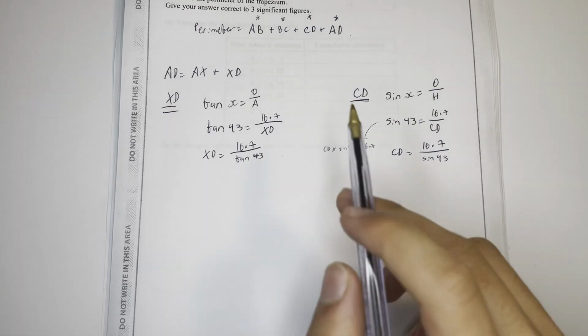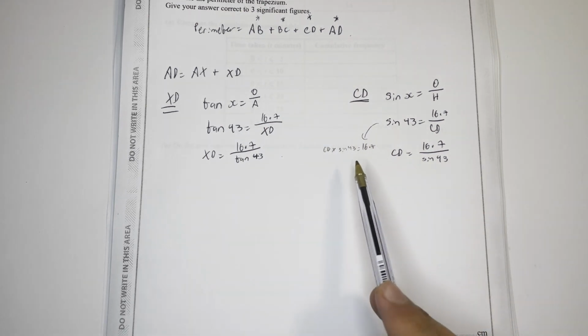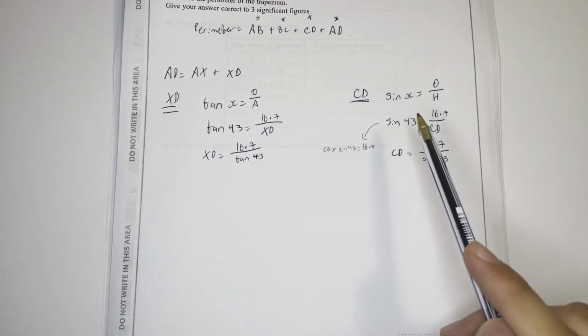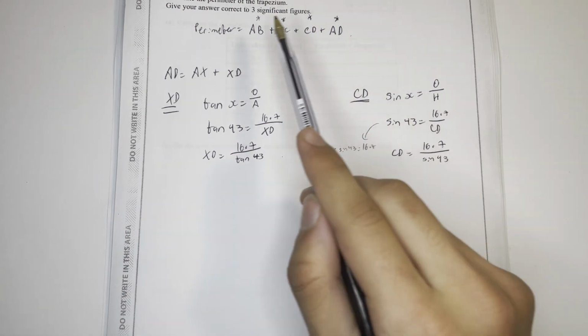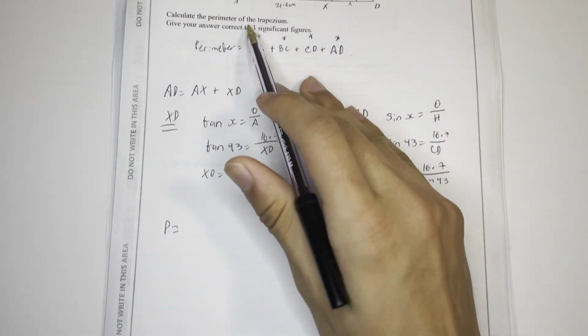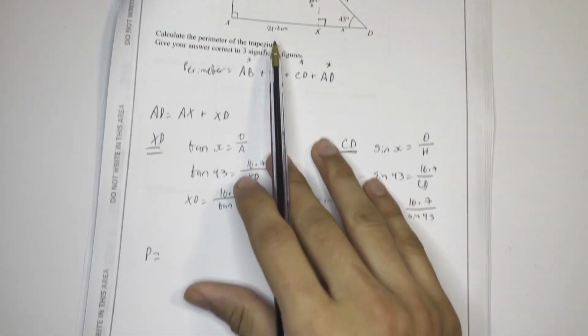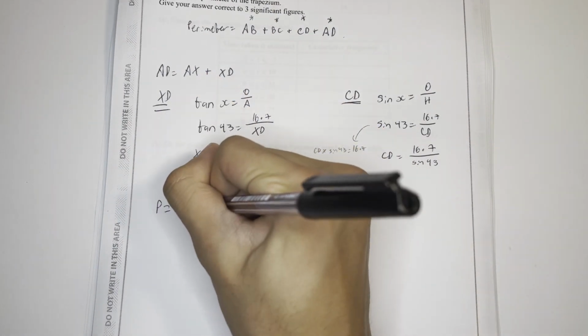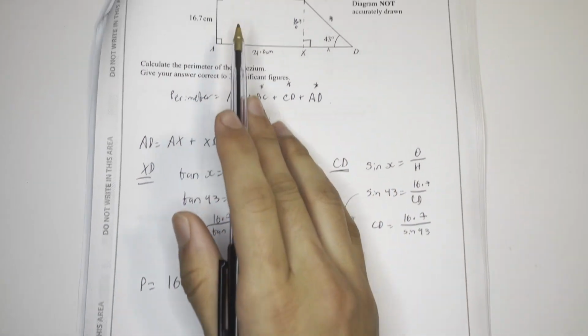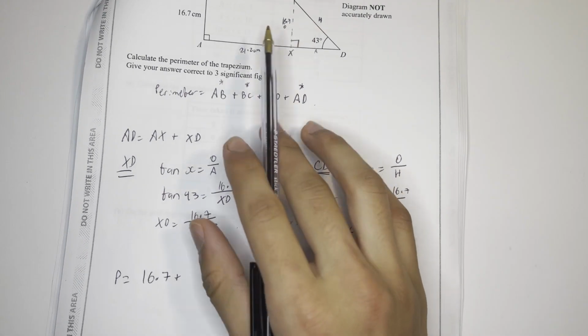We've now worked out all of the unknowns in this question, meaning we have all of the information required to work out the total perimeter. We said the perimeter is equal to AB, which is 16.7, plus BC, which is the length they give us, 21.2.